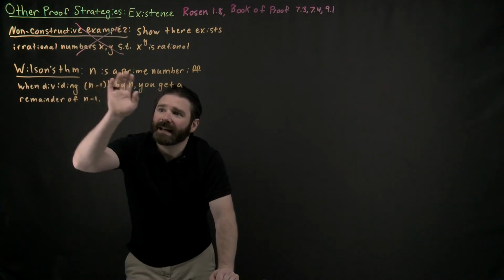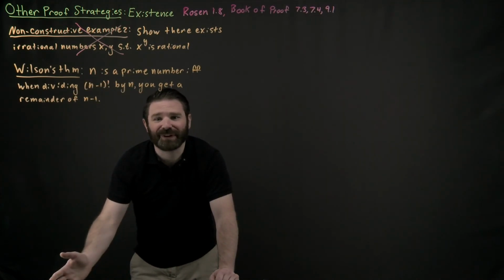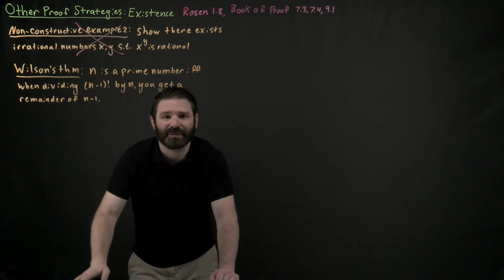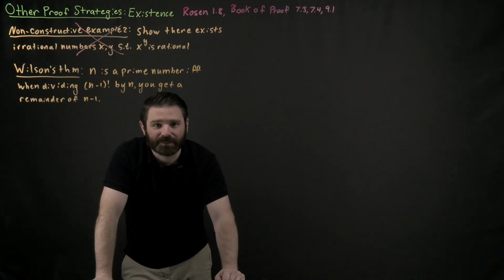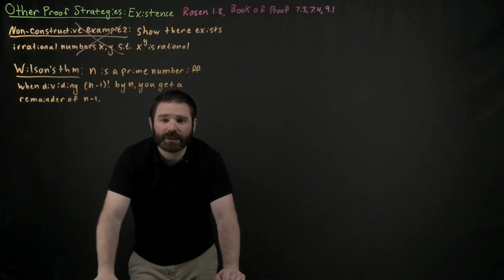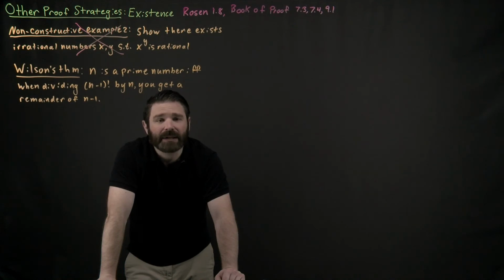If you take an n, take n minus 1 factorial, divide it by n, and you don't get a remainder of n minus 1, you know for a fact that n is not a prime number. The proof of Wilson's theorem is actually a non-constructive existence proof.